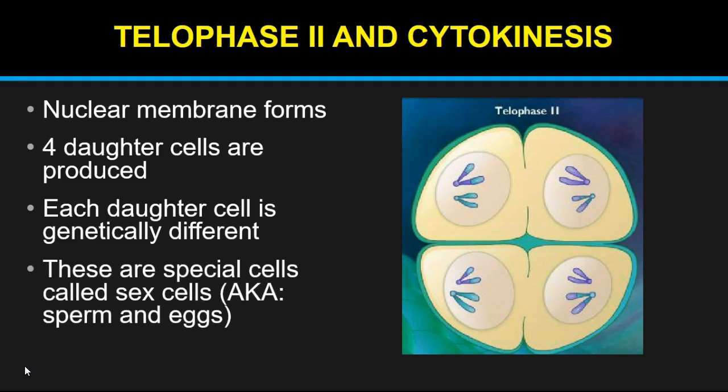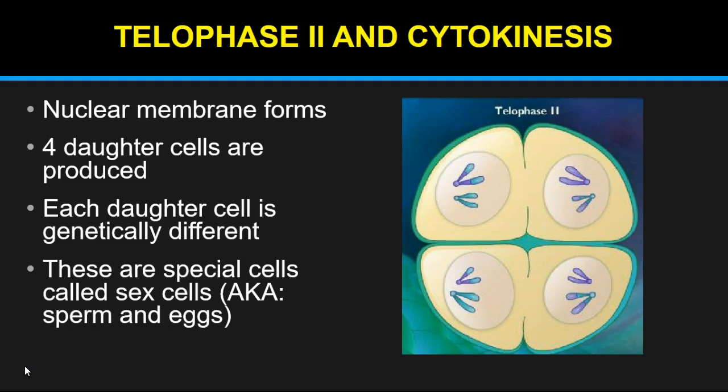And these 4 daughter cells, they're special cells that we call sex cells, and they're also known as sperm and egg. So in organisms that reproduce sexually, those organisms have cells that go through meiosis to produce sperm and egg.